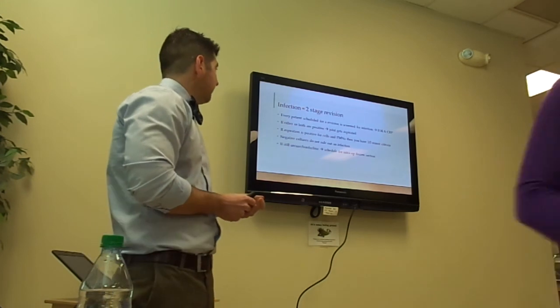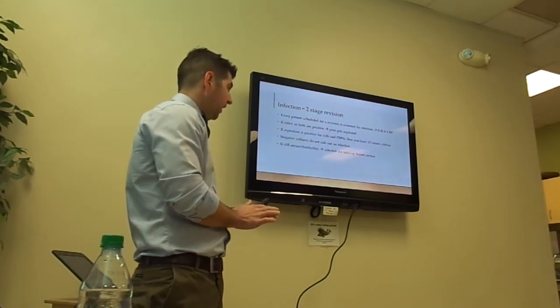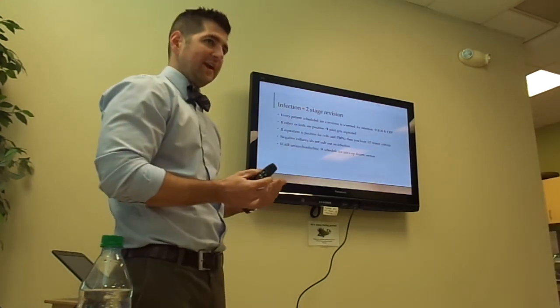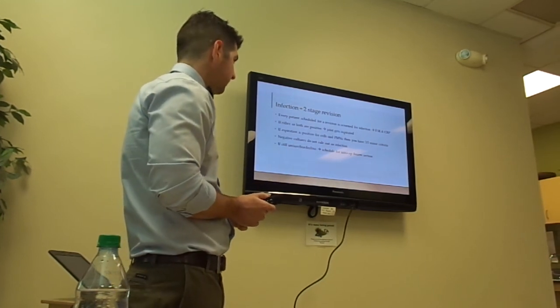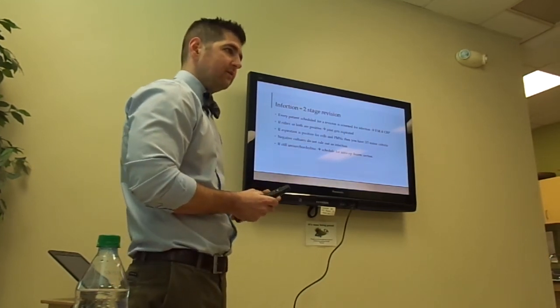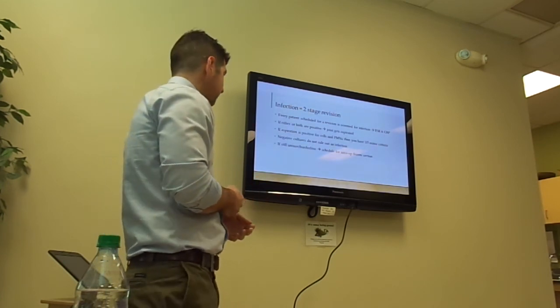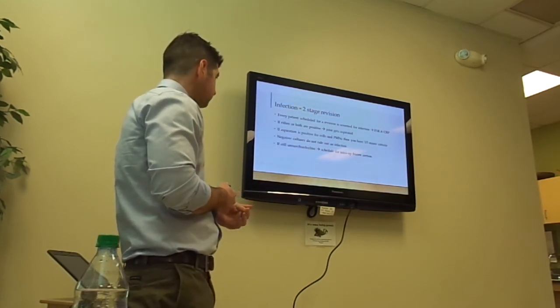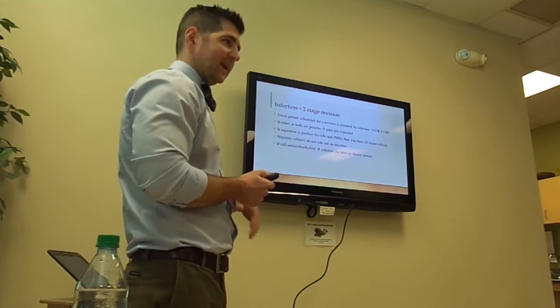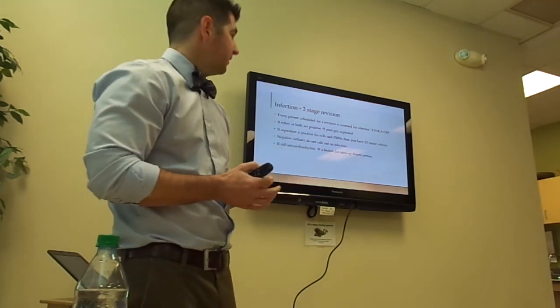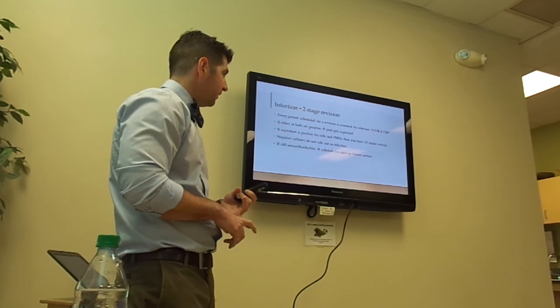So every patient scheduled for revision gets ESR and CRP, and this is just an Academy recommendation that if you're going to go to surgery, you need to make sure you rule out an infection, for the simple fact that you don't want to miss an infection. The other thing is, if they're positive, then I bring them back and I take fluid off the knee. And we look at that fluid and we send it to the lab.